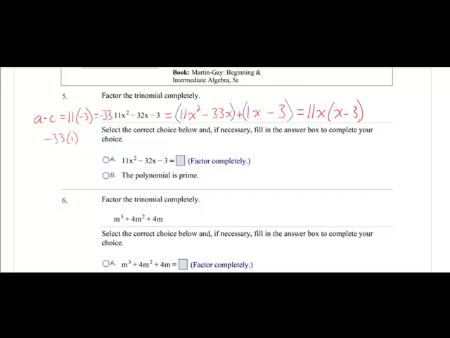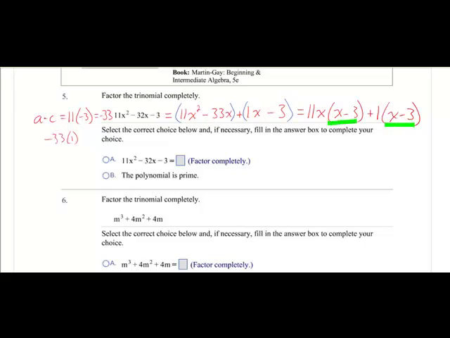Now notice that this parenthesis I have here, x minus 3, already matches the second parenthesis. So I can't really factor anything out of the second one, but I can always factor a 1 out of anything. And so now I have a common factor of x minus 3 in each term.